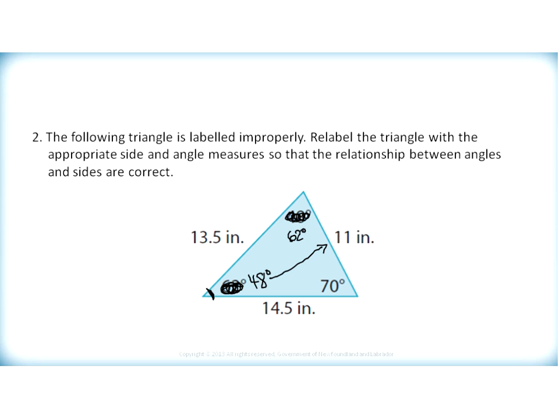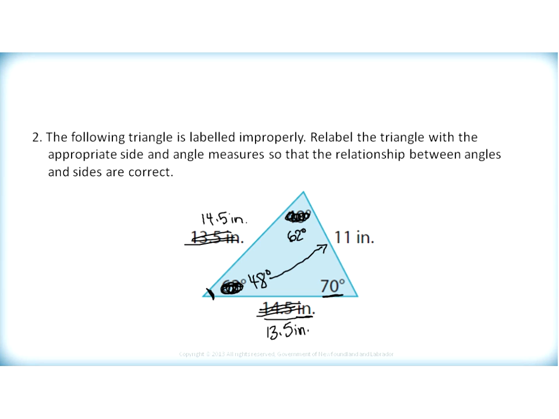Okay, but now I still have my 70-degree angle down here. It's not opposite my largest side, which is right here. So it's probably best to exchange my side lengths now. So this is now going to be 13.5 inches. And this right here is no longer 13.5. We're going to say that's 14.5 inches.